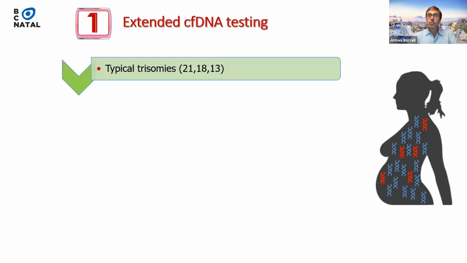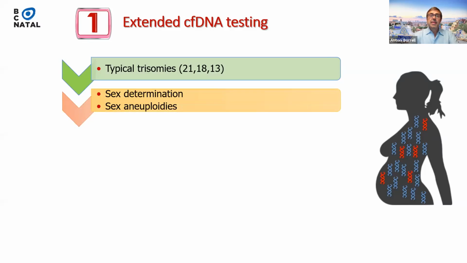Initially it was proposed to study the typical trisomies, 13, 18, 21, but soon it expanded to determine sex and also to study sex aneuploidies, mainly in the private sector, because in the countries where it is used in the public health services, sex aneuploidies are not studied.